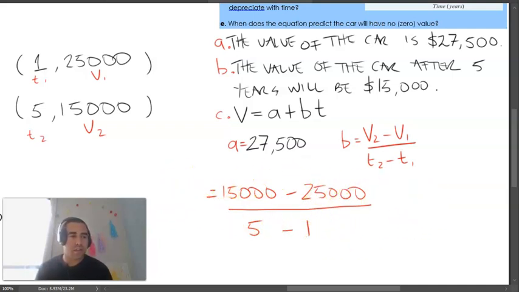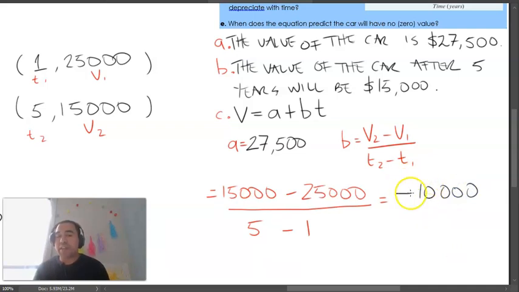Let's work this out. Yep, equals. So 15000, take away 25000. What I tend to do is, when it comes to negatives, if I know it's going to be a smaller number, take away a bigger number, I automatically know that the answer is going to be negative. Okay, and then what I do is I swap the numbers around to just make it easier. 25000, take away 15000 is 10000.